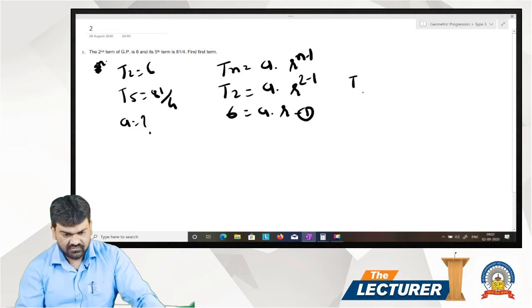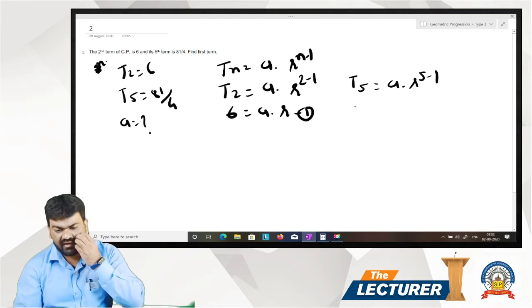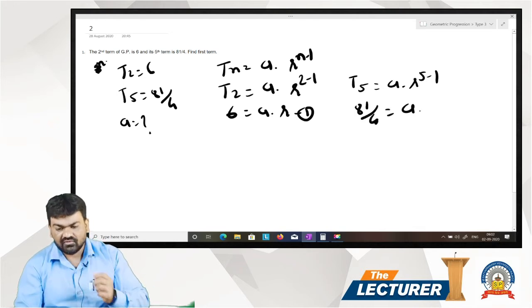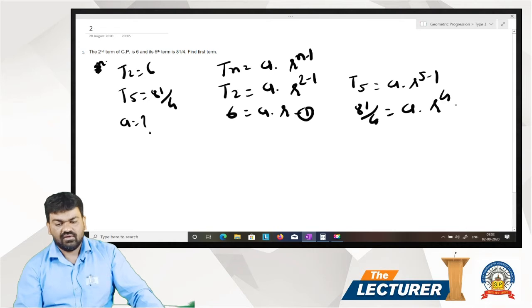Next, T5. T5 is equal to a r raised to 5 minus 1. T5, 81 by 4, is equal to a r raised to 4. This is equation number 2. This equation is greater than equation number 1.